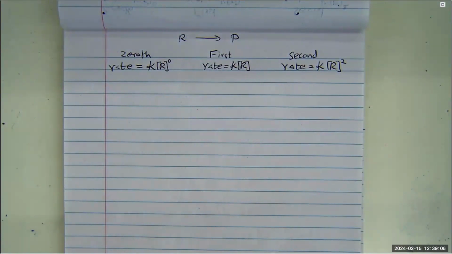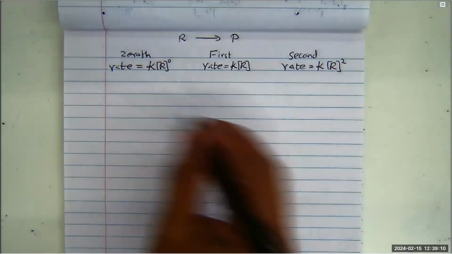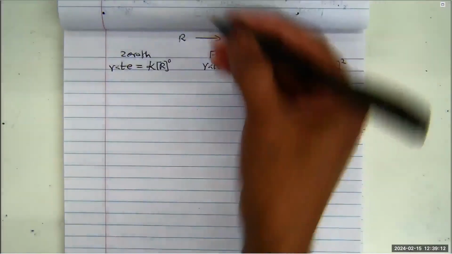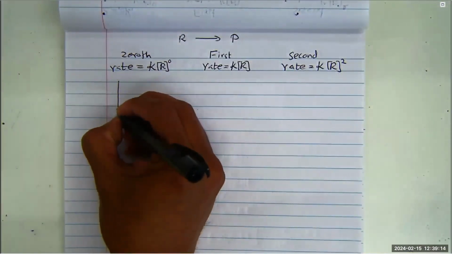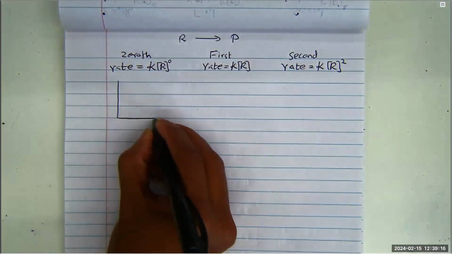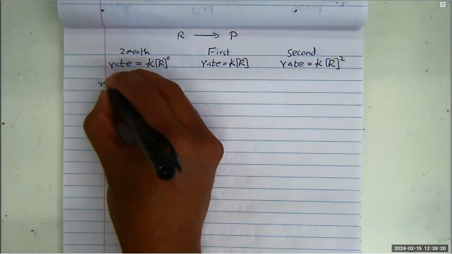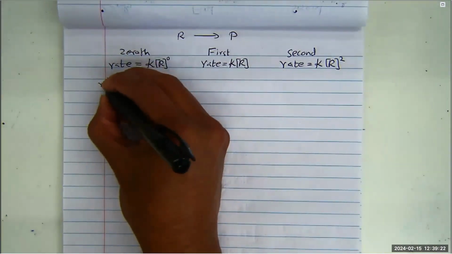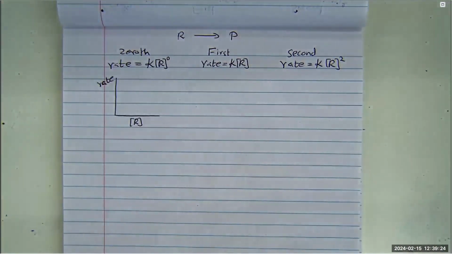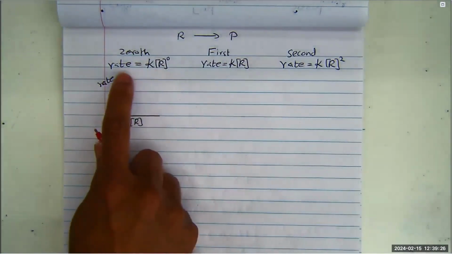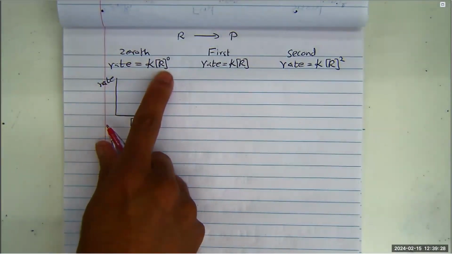Now, let's do everything together. If you plot rate versus reactant concentration for a zeroth order reaction, the rate does not depend on the reactant concentration.